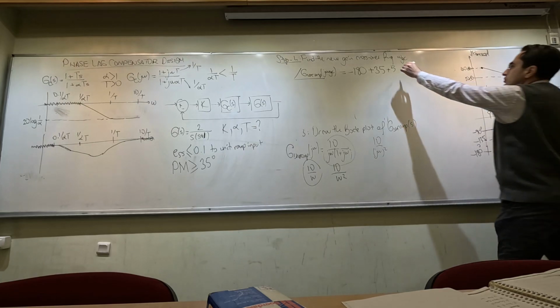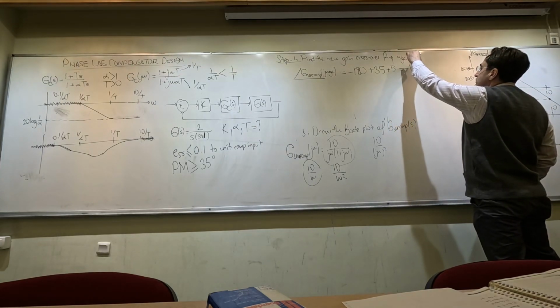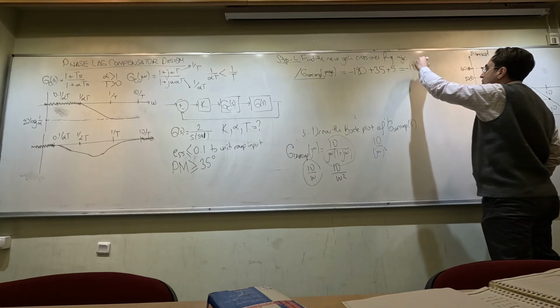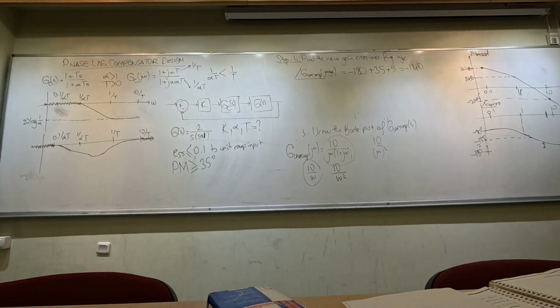So then what is going to be important for us is the point where the phase crosses minus 140. Okay? I will check where this phase crosses minus 140 here. So I'm going to look at this point and I will try to make the new gain crossover frequency exactly this point by reducing the gain of the system by using the phase lag compensator. How can I find this frequency at which phase is equal to this?